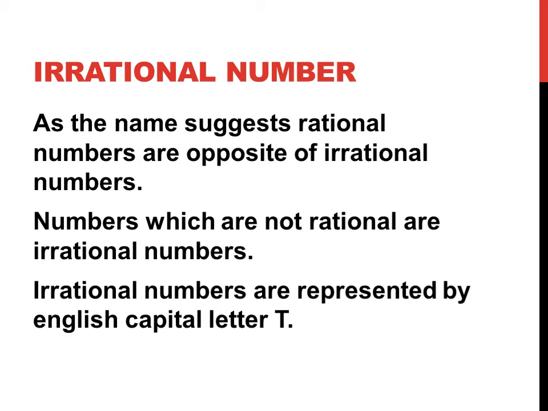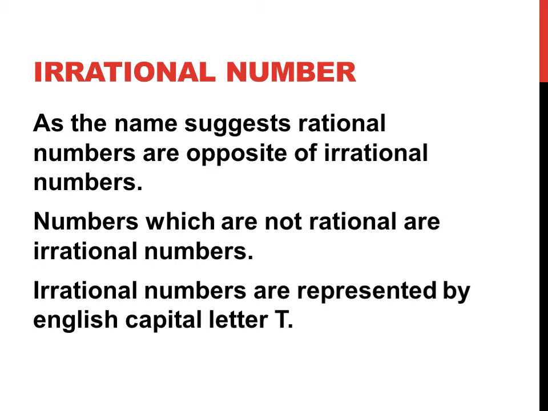Now comes the irrational number. If we have studied the concept of the rational number, then the concept of irrational number arises by itself. So it is very important to study this concept also. We have studied that rational number is the number that can be written in the form of p by q, being q unequal to 0.